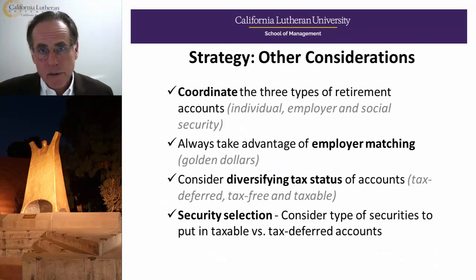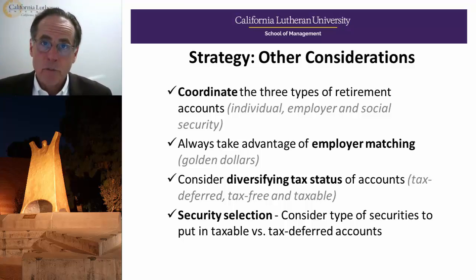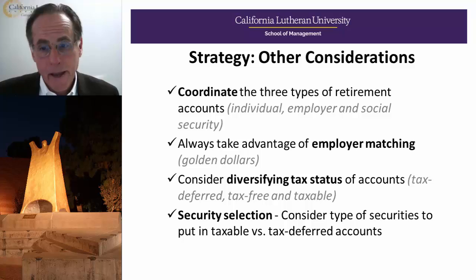Other considerations you'll have to think about in working with your client is to coordinate the three types of retirement accounts: the individual, the employer, the Social Security. Always take advantage of the employer matching. They're golden dollars. You don't want to leave those on the table. You have to do what you do within your budget to make sure you get those free dollars. You might consider diversifying the tax status of the accounts.